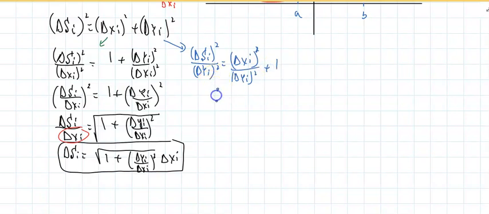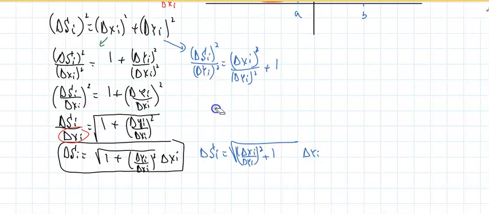If I follow the same trend as before, I get delta s sub i equal to the square root of 1 plus delta x sub i squared over delta y sub i squared, times delta y sub i.